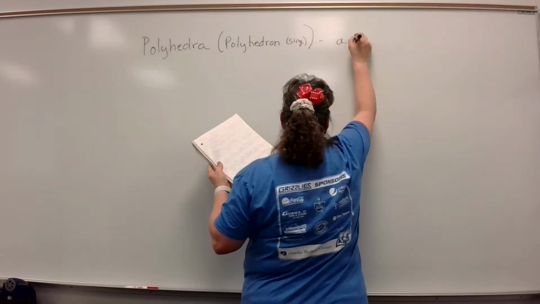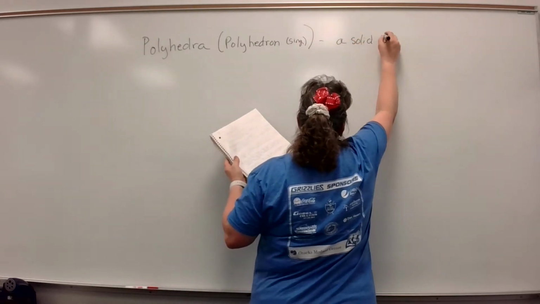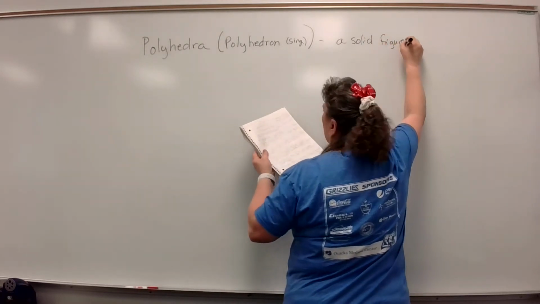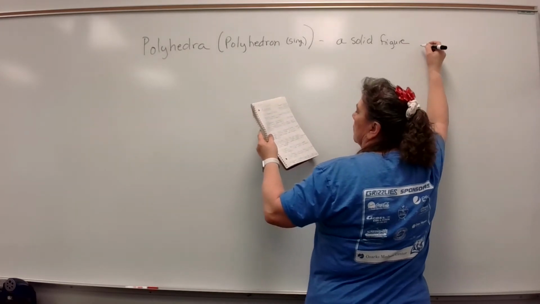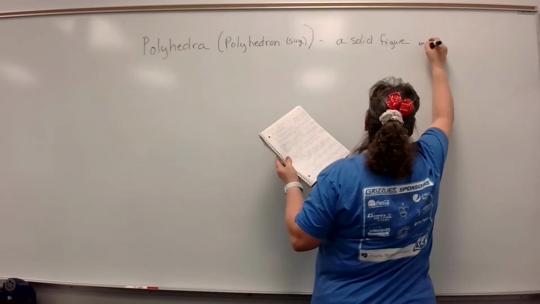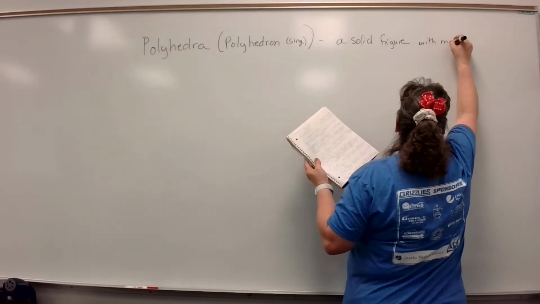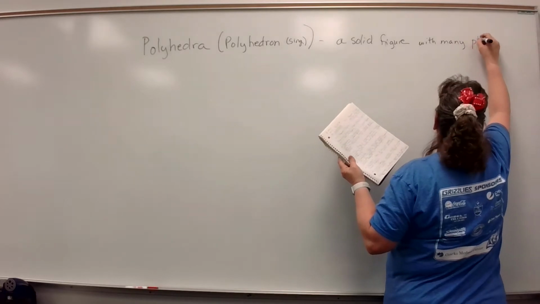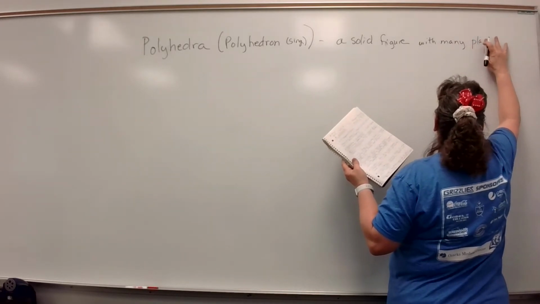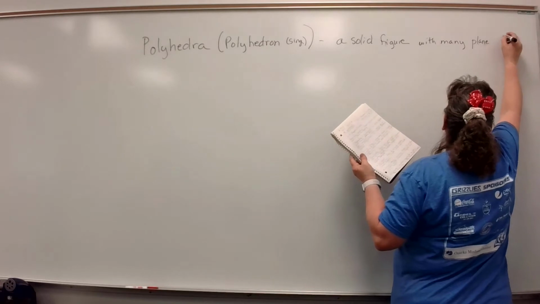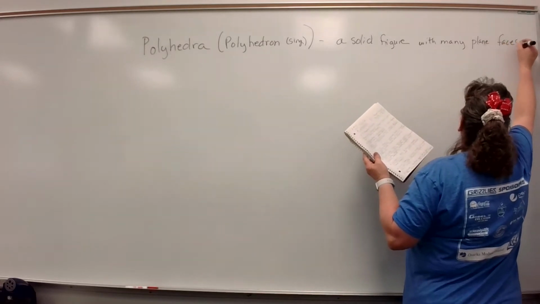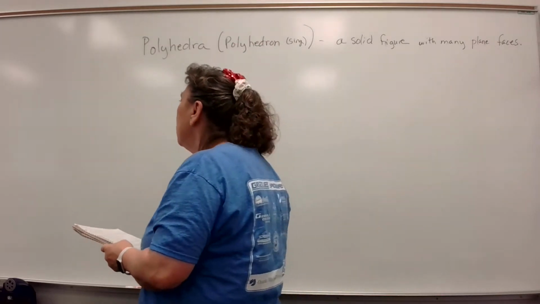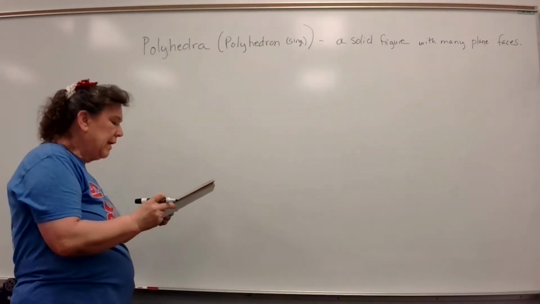They are a solid figure with many plane surfaces or faces. You can see that word faces there. So polyhedra are many plane faces.